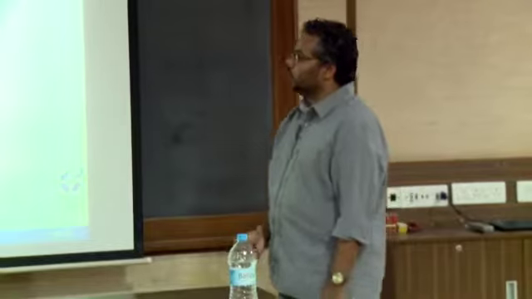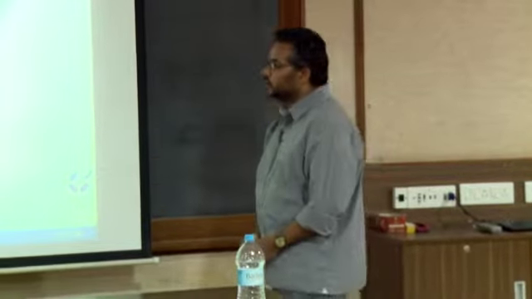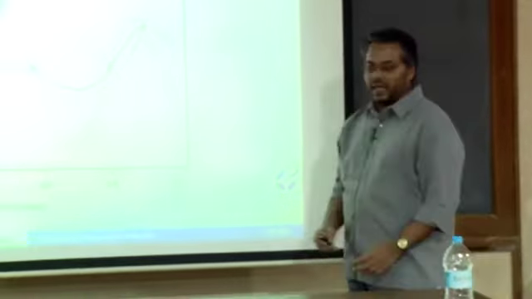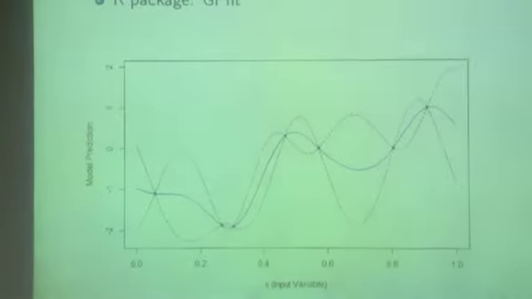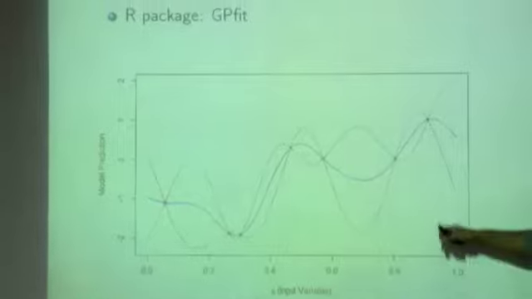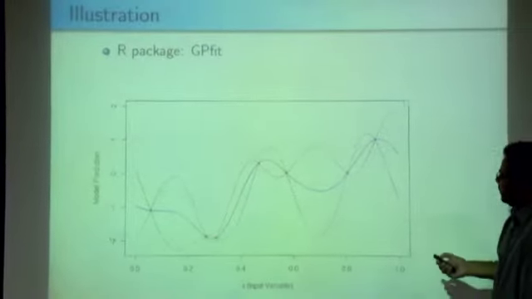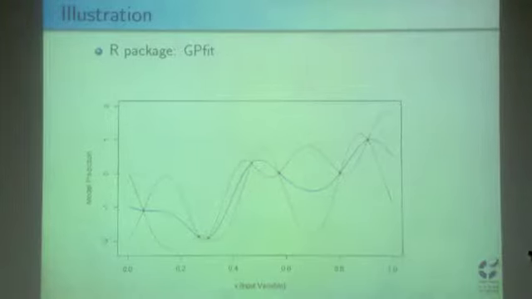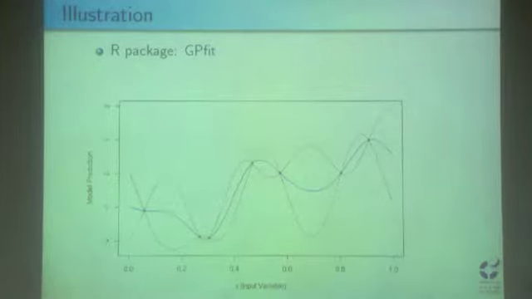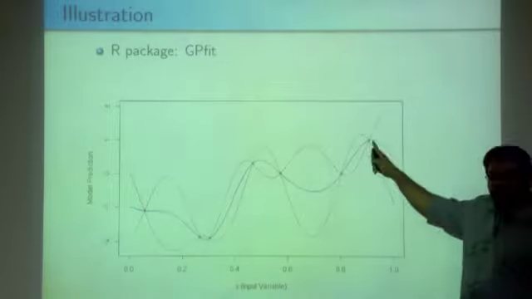Now let me show you a quick illustration of this. There are a few packages, three or four, that do this kind of fitting for computer models. This picture shows 7 points, and at these 7 points we have y values.